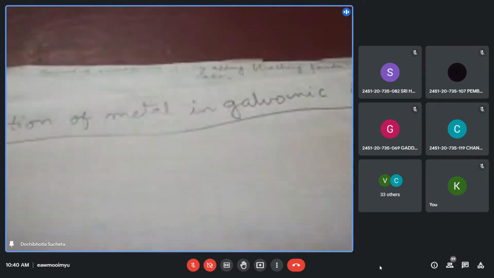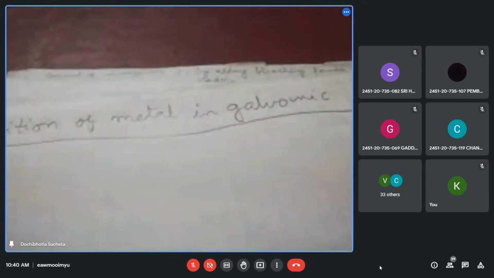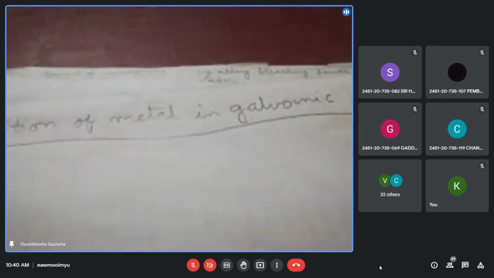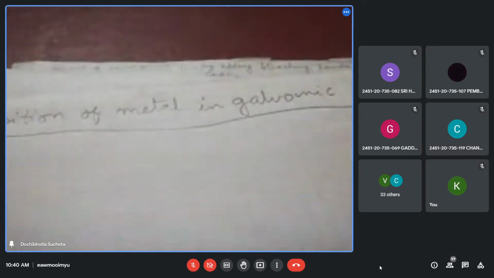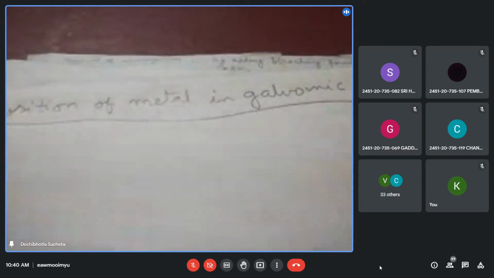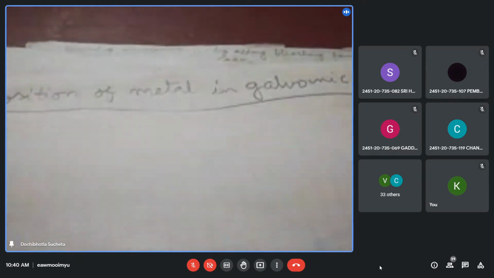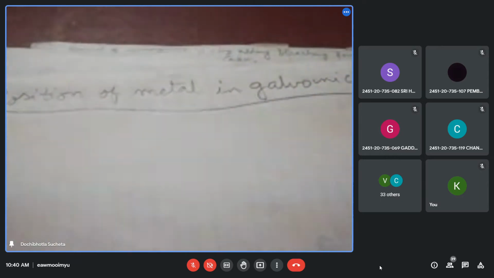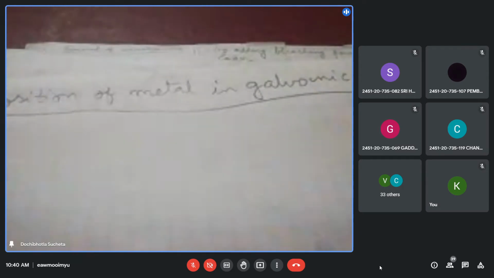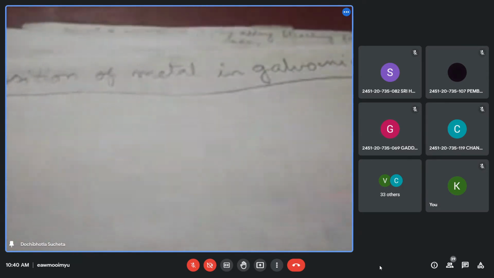So that is the discussion, but we should always be aware of using a particular material for a particular application. I already told you all that copper is the material which has the highest conductance, but still it can't be used for power transmission lines because of its corrosion properties.